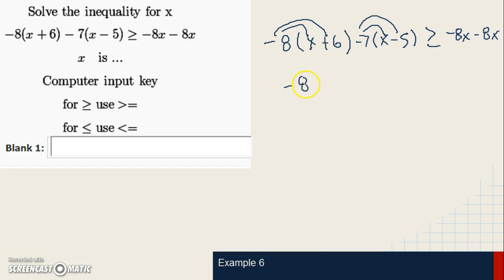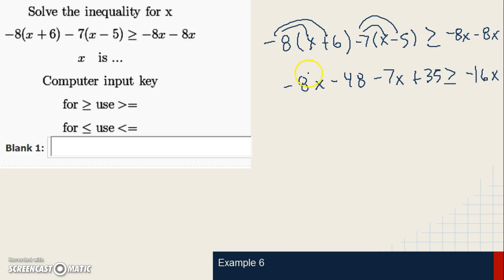I get negative 8x minus 48 minus 7x plus 35 is greater than or equal to negative 8x minus 8x, which is the same thing as negative 16x. Since they're like terms, I can combine them. I can further combine like terms here.